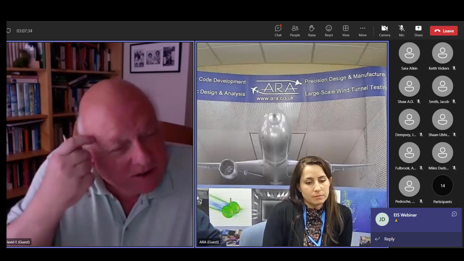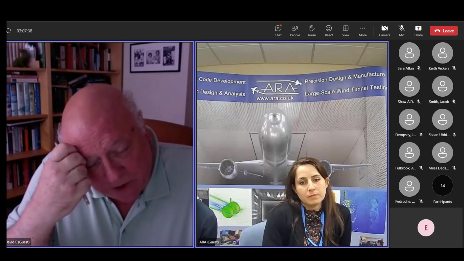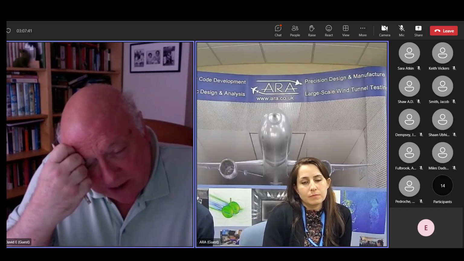I have another one actually. Seeing your plastic model right at the beginning, it reminded me very much of quite a few years ago when we used to do photoelastic methods. Did you think of maybe doing any of that for your strain gauging?